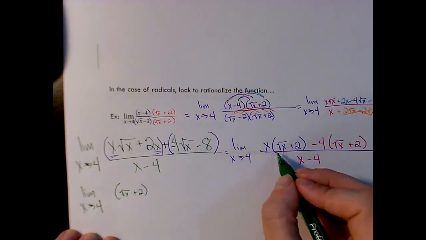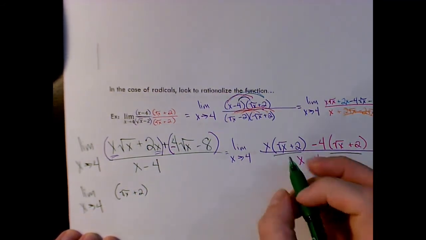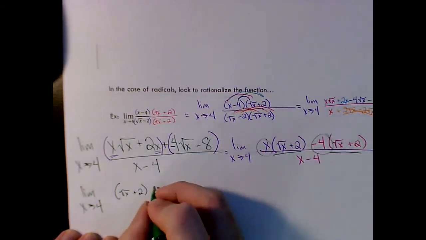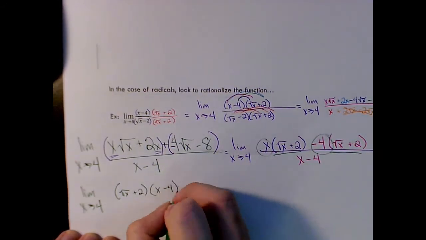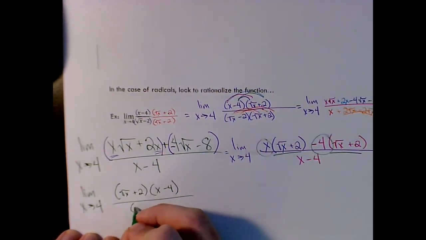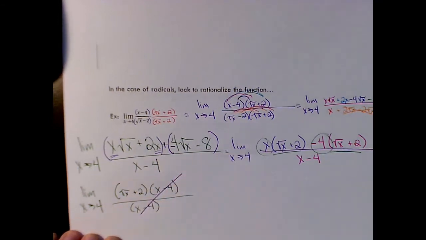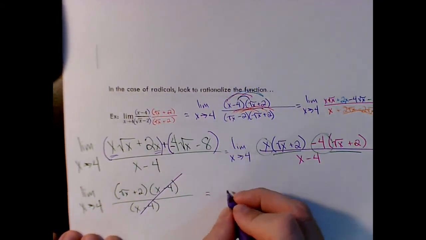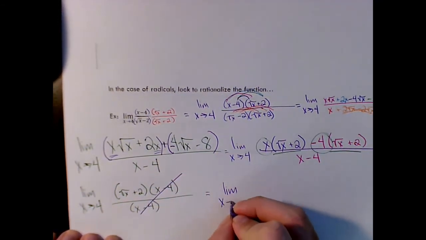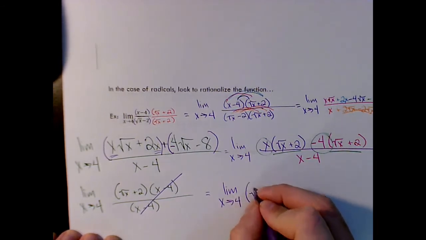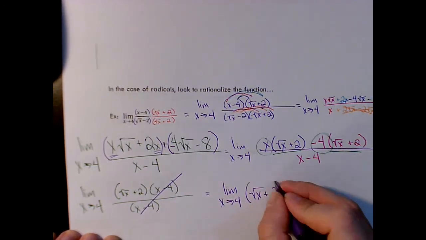After pulling out a root x plus 2 out of both of these, I'm left with an x and a negative 4. x minus 4. All that's going to be over x minus 4. Now I could just cancel, and I'm left with the limit as x approaches 4 of root x plus 2.